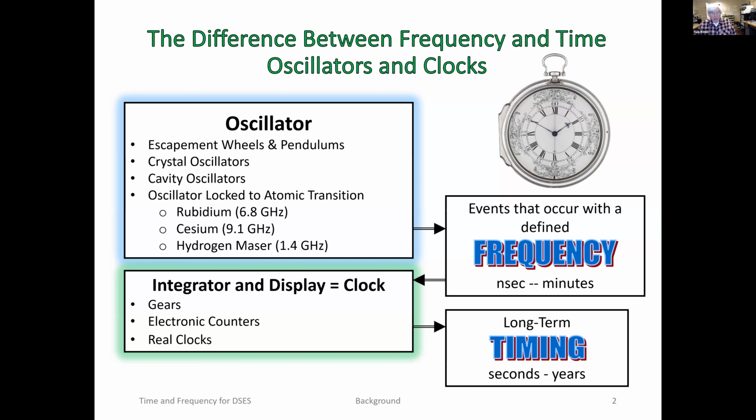And if you have an oscillator, it will define some frequency that it's particularly good at. And that frequency can be integrated to create time. That integration can be, again, gears, counters, or whatever.